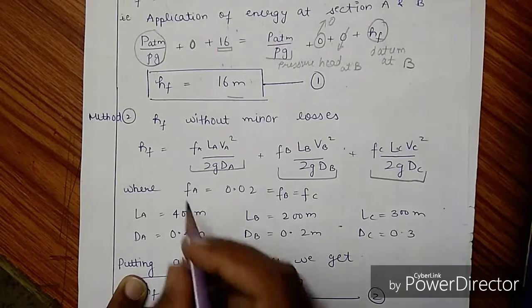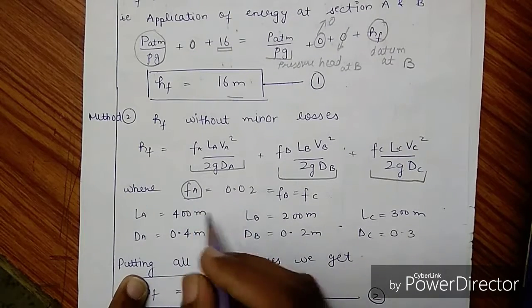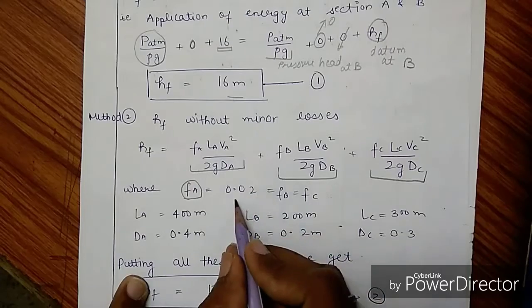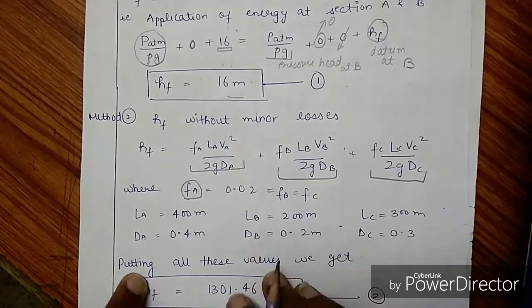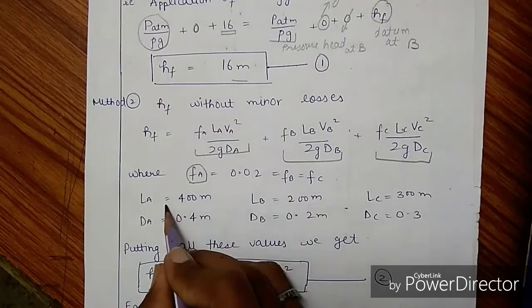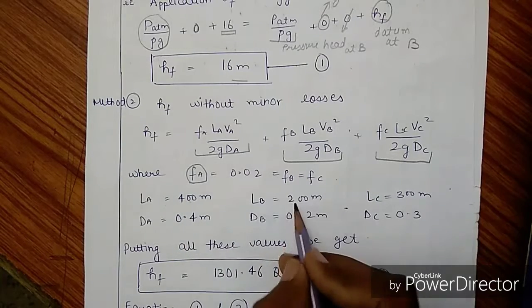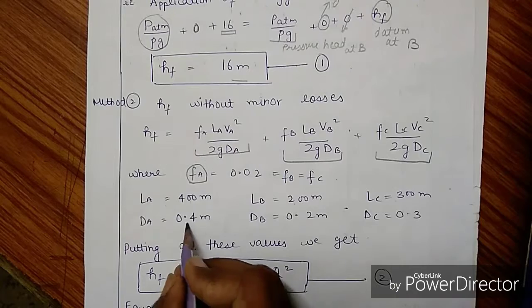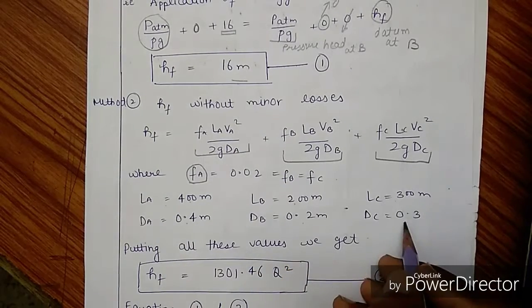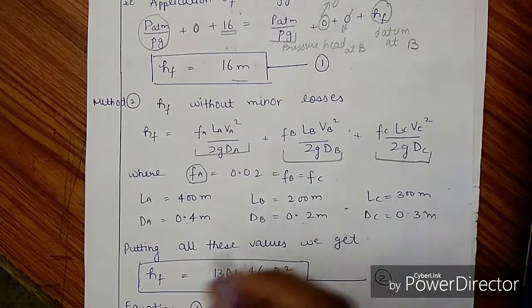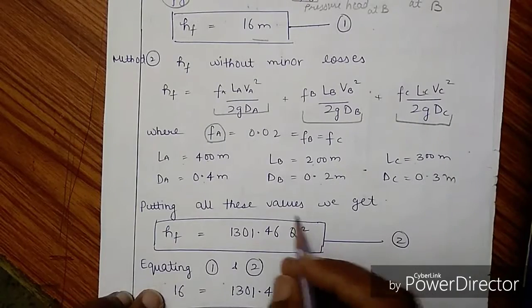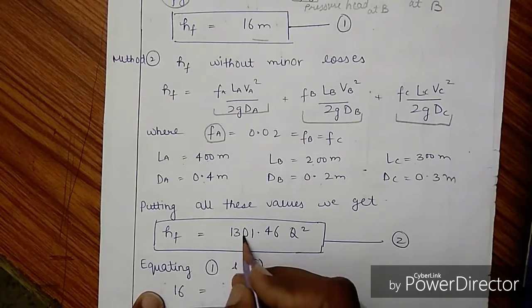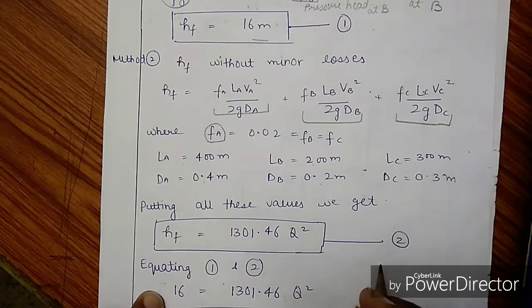We are given the friction coefficient for each of the pipes, that is 0.02, and we are also given the length of each pipe, that is 400 meter, 200 meter and 300 meter, and the diameters for each pipe are 0.4 meter, 0.2 meter and 0.3 meter. So putting in all these values, we get HF is equal to 1301.46 Q square.